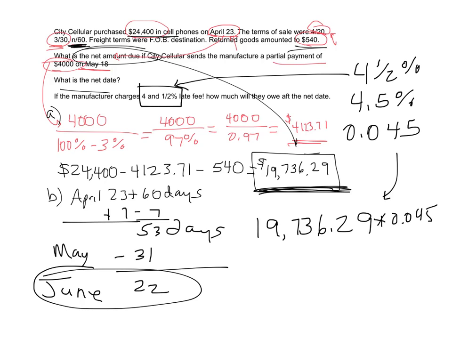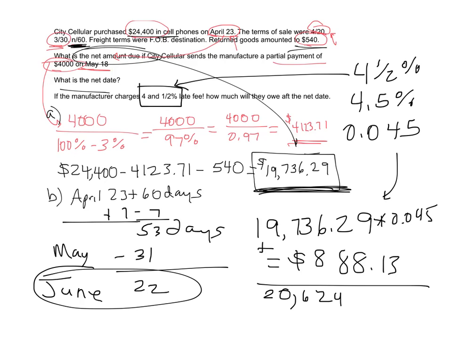So $19,736.29 times 0.045, I get $888.13, which basically says how much they're going to have to pay in late fees. So I add that back to the $19,736.29. So when I add that, I get $20,624.42. So that would be for Part C.